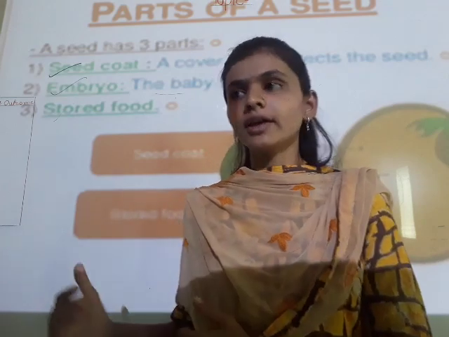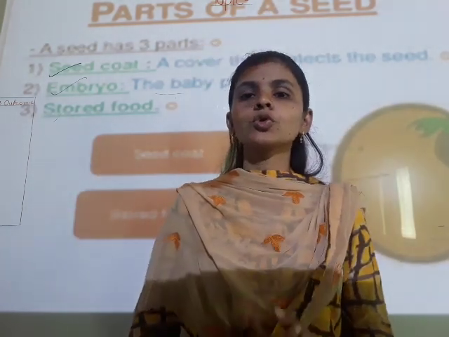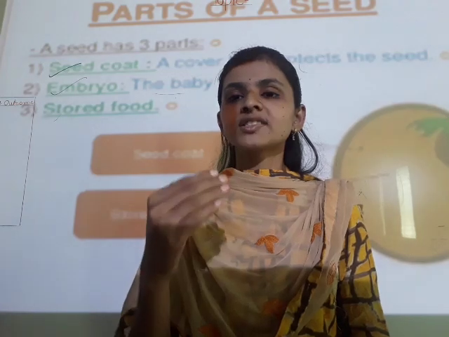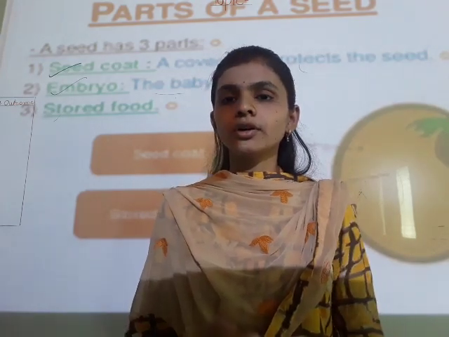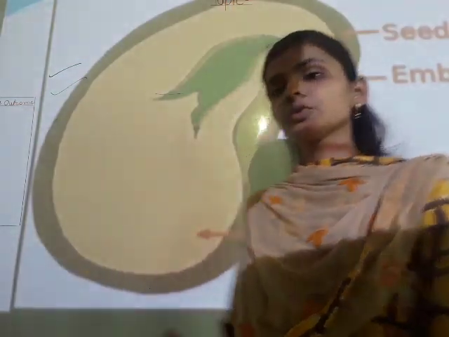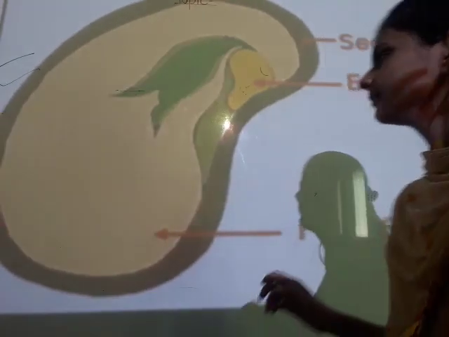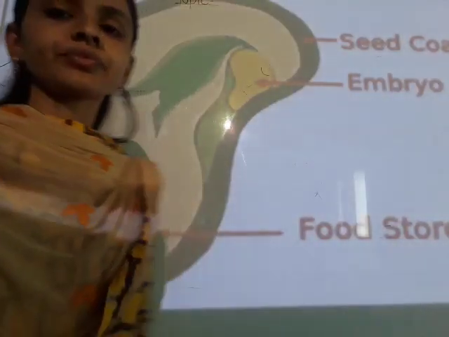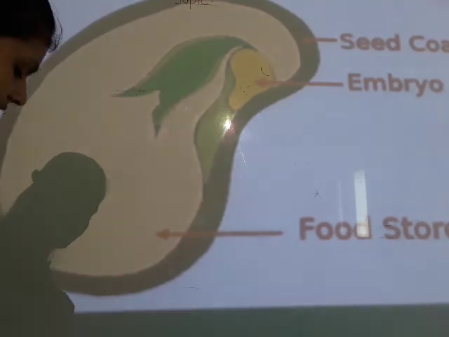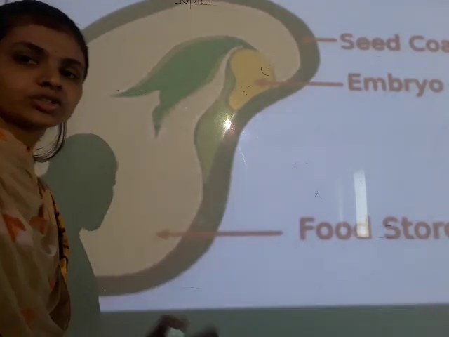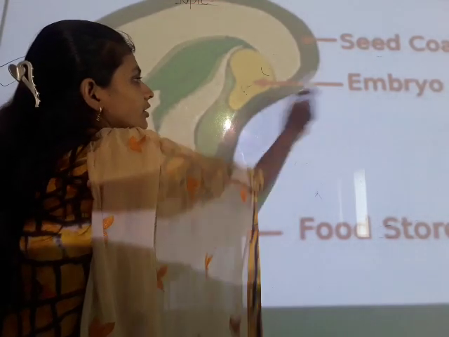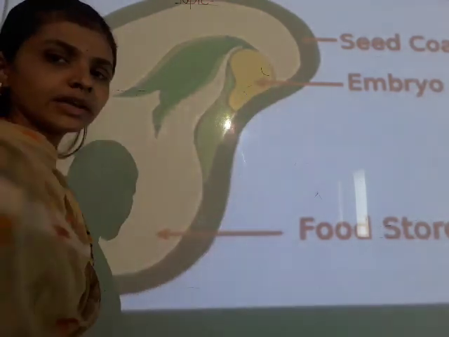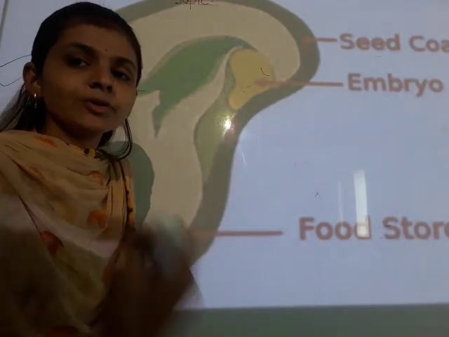So here in the next slide I am going to show you the structure of seed. Here you can clearly see the structure of seed. ये जो है seed का structure है, in that structure first is the seed coat. Here the embryo is none other than a baby plant, a newborn plant.